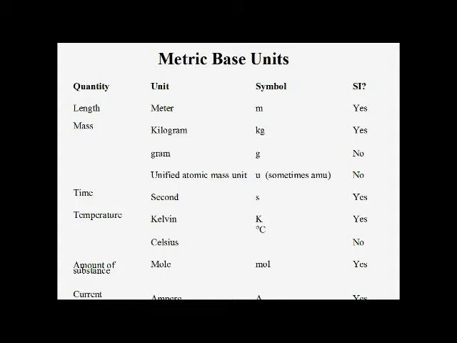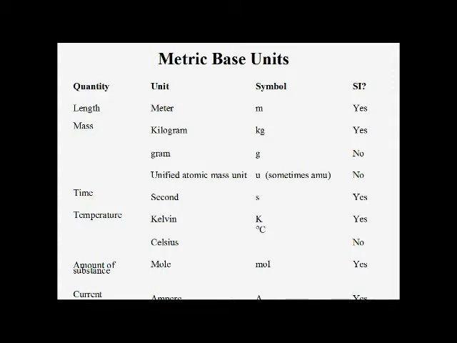For mass, the base unit would be the gram. Its symbol is lowercase g. It's not the SI unit. The SI unit would be the kilogram. We're going to cover prefixes in a moment. We adjust the size of the metric units by using prefixes.